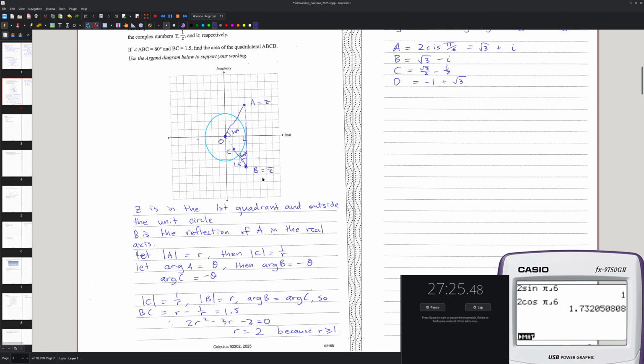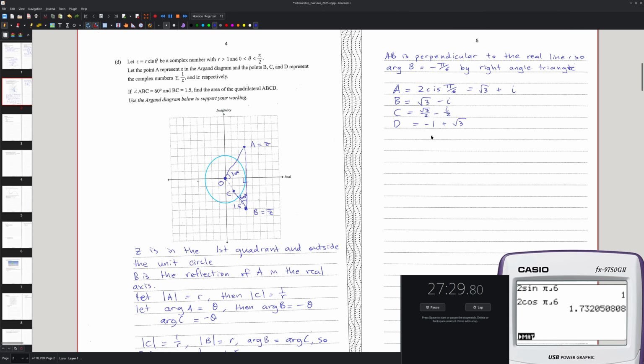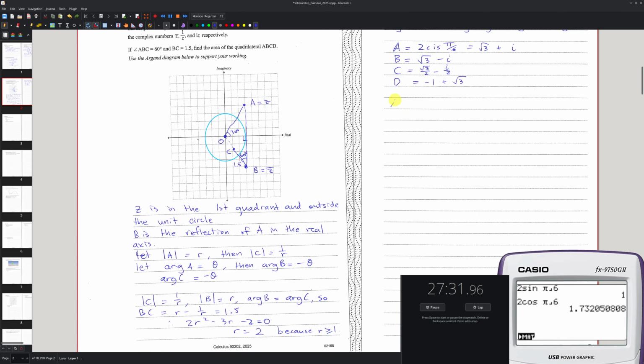Because we can use whatever formula. Like, okay, AB equals 2, right? By sine rule, area triangle ABC is 1/2 times 1.5 times 2 times sine 60 degrees, which is sine 60 is pi on 3, right?